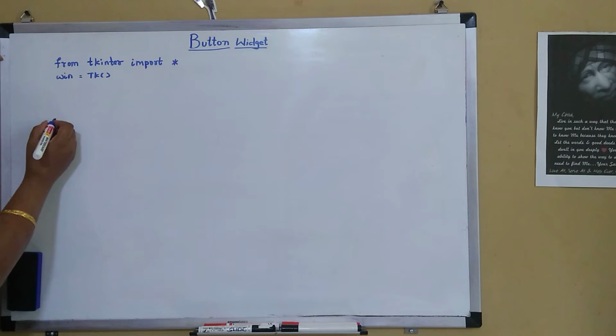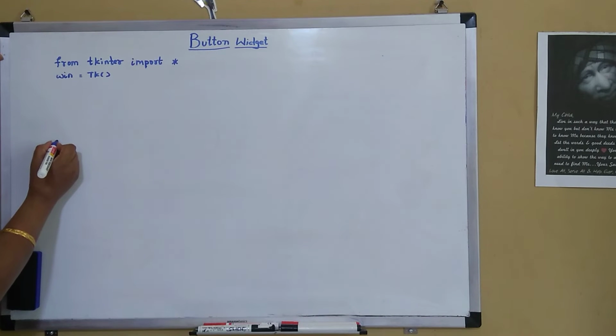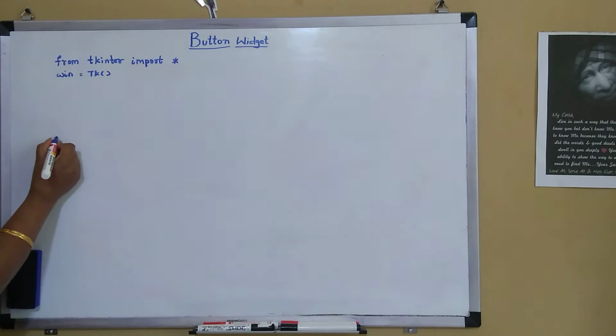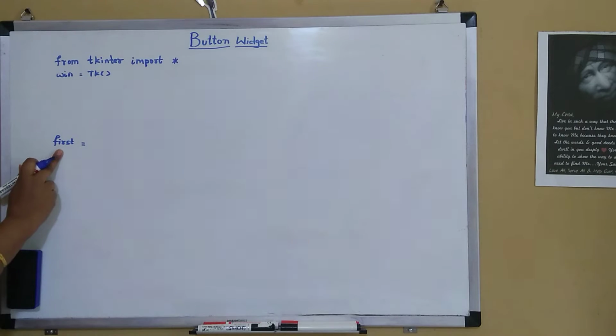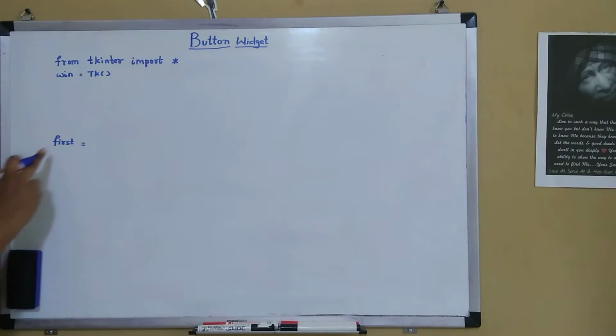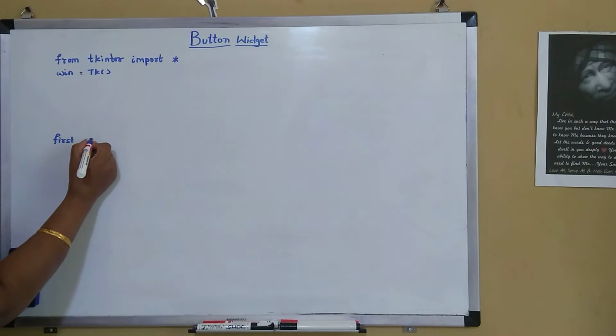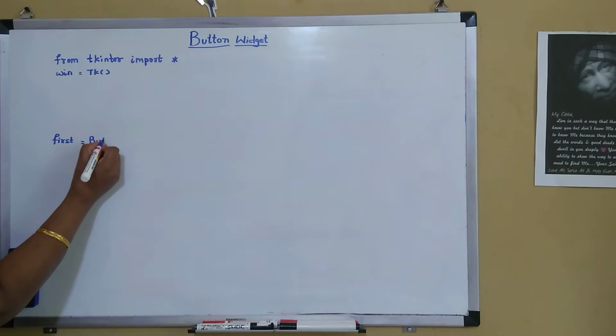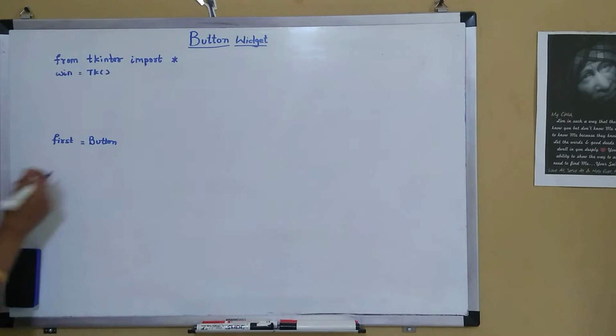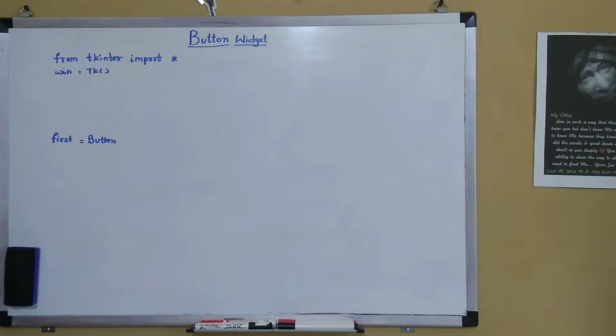And now let me create my button widgets. So my first button is stored in this particular identifier variable, first equal to Button. Whenever we are creating a button widget, we have to specify it as Button.